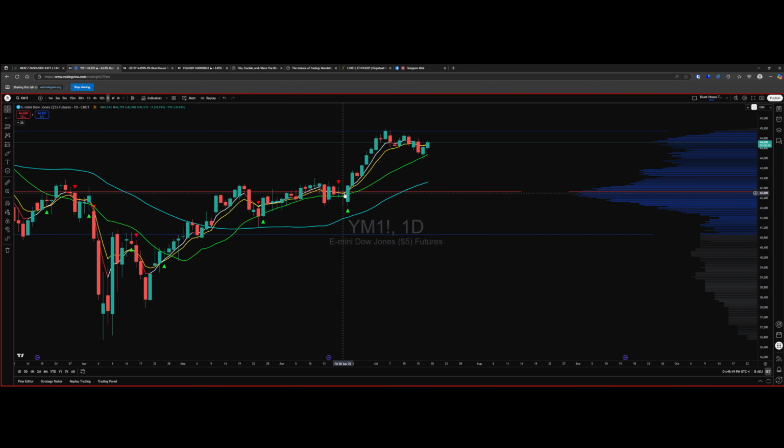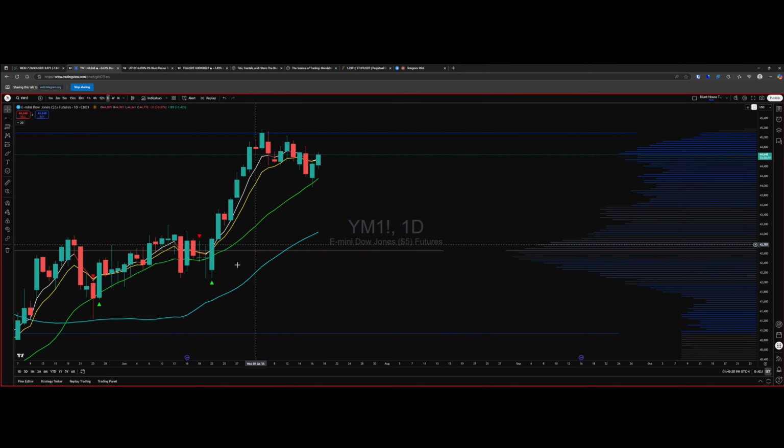Continuation from the 20, continuation from the 20, continuation from the 20. What are we thinking may happen here? And notice that we actually never got a sell signal in all of this. So even this pullback here never triggered the 5 EMA down through the T line to trigger a trend change. It did not do that. It just bounced off the 20 and moved higher.